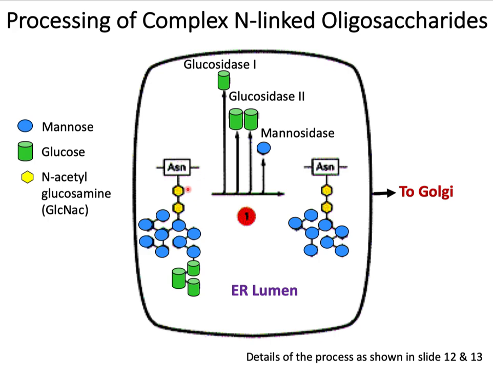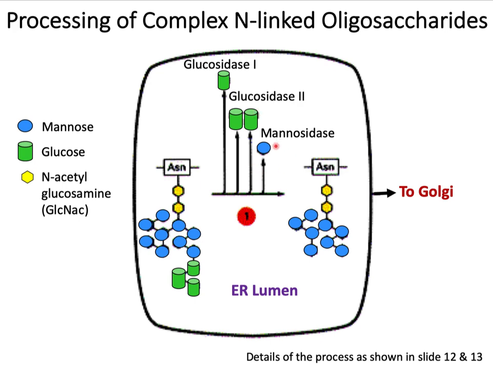So you have this asparagine residue and this complex of sugar added as one whole preformed complex, what we call N-block, to this asparagine. Then you have an enzyme, glucosidase 1, right here, which removes one glucose residue. You have a second enzyme, known as glucosidase 2, which removes two additional glucose residues.